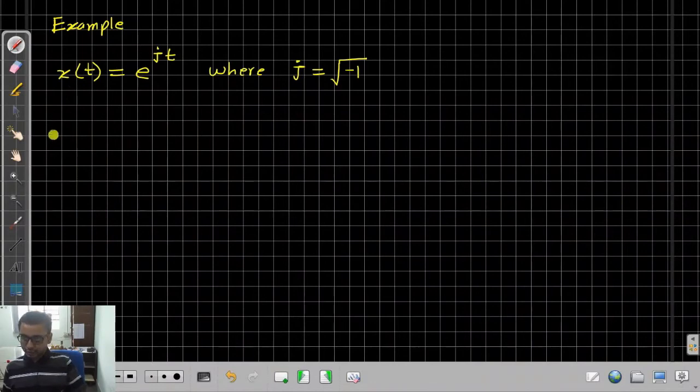So the even part, x even, will be x(t) plus x(minus t) whole divided by 2.